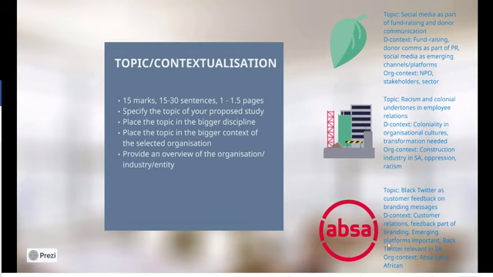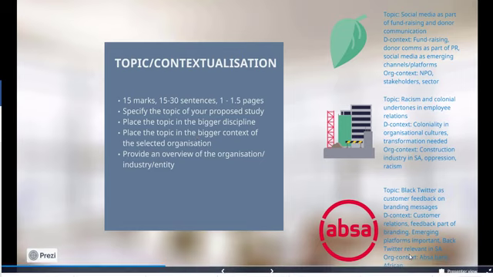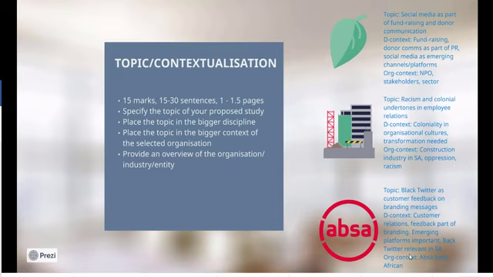Then in the last example, the topic here more specifically is Black Twitter as customer feedback on branding messages. The disciplinary context is where you show that customer relations, customer feedback, and so on is part of branding communication, and then that emerging platforms like Twitter is important to the discipline, because that is the hip and happening kind of platforms, and that is where the knowledge is needed, research input is needed.